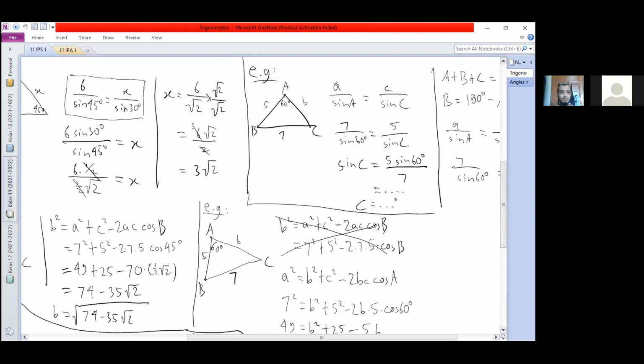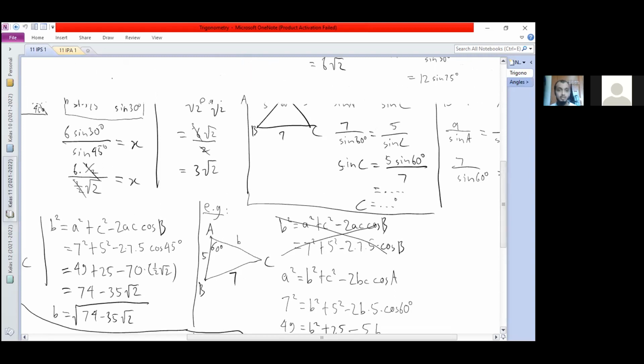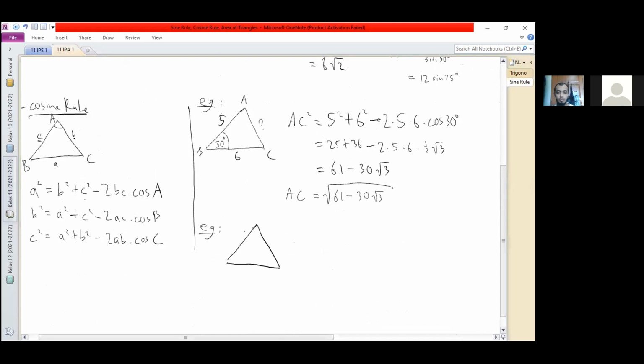Let's just use some random numbers: 6, 7, and 8, and we want to find one of the angles. So we have this triangle, and we want to find one of the angles. Let's say this one. Then how do we find the angle?